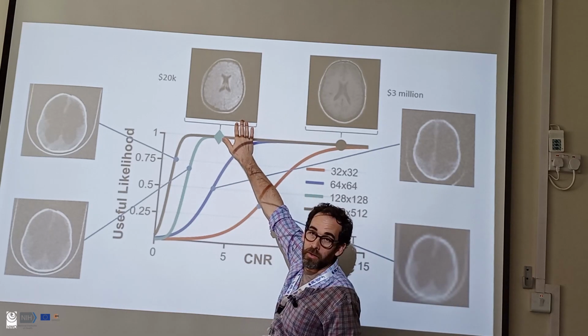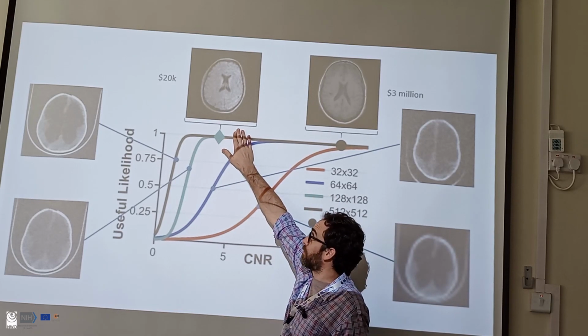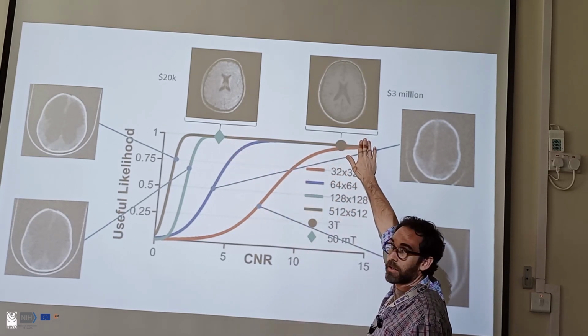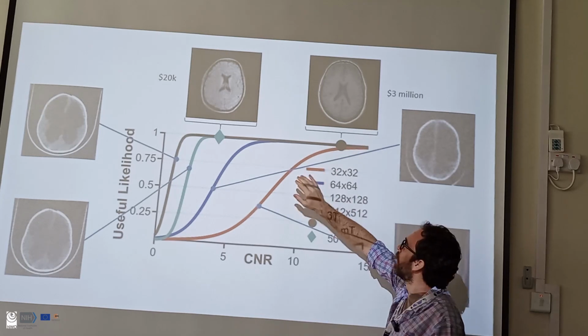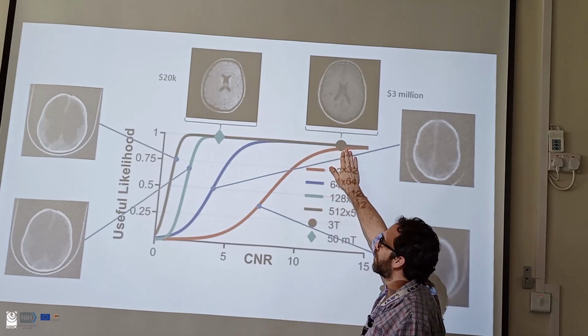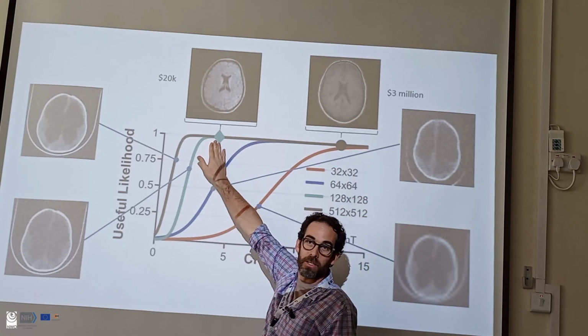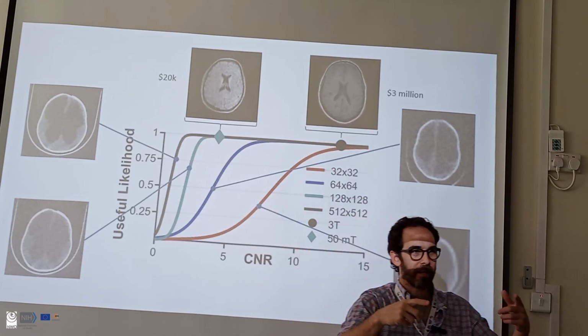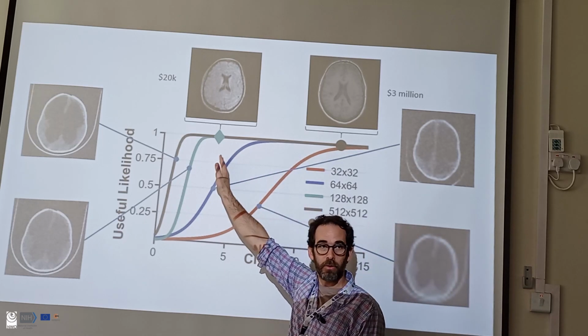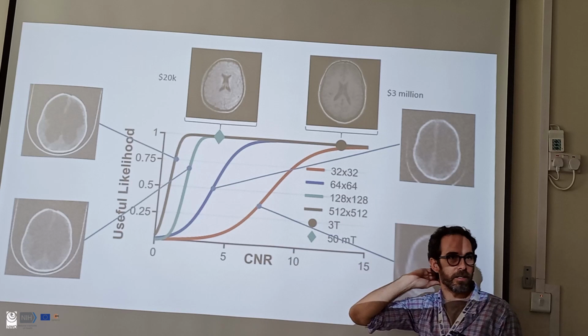This was a 128 by 128 resolution image with the field of view of 25 centimeters, I think. Same field of view here, but 512 by 512. You can see that although the contrast to noise ratio is much higher here, the likelihood of this image being useful based on this data about hydrocephalus treatment planning is roughly the same, right? Both of these are likely to be useful based on the data.